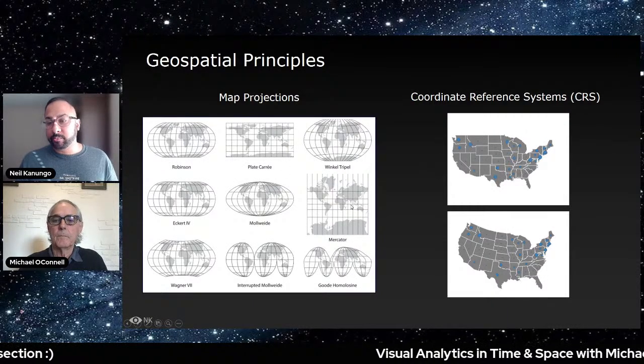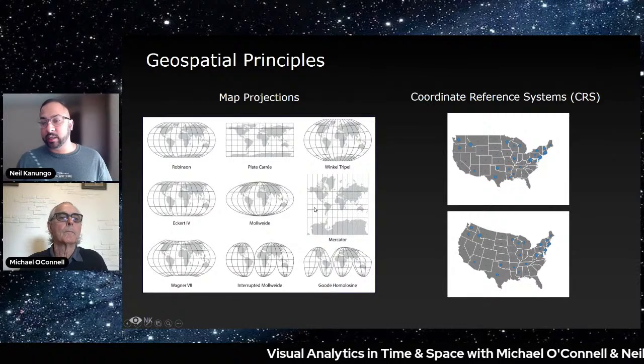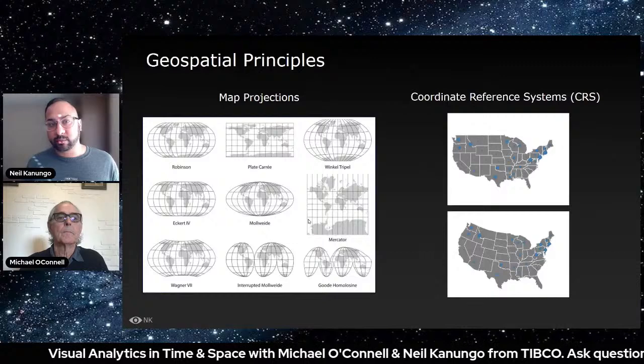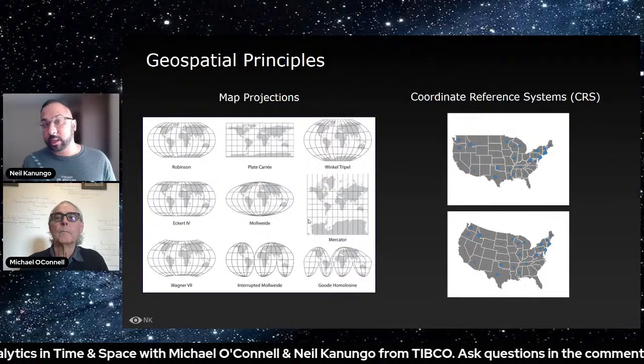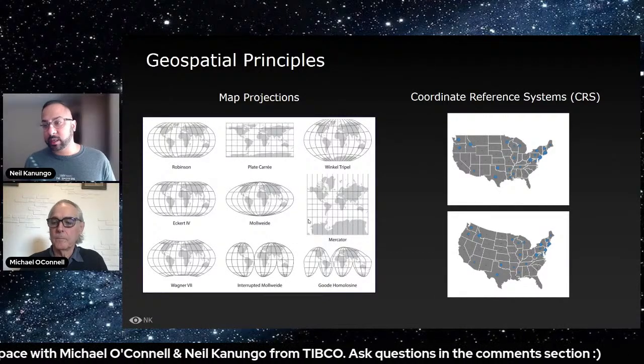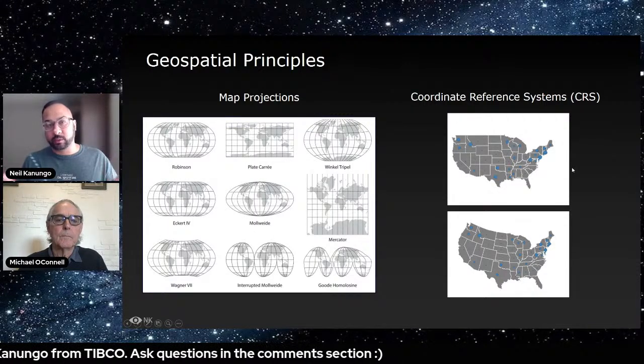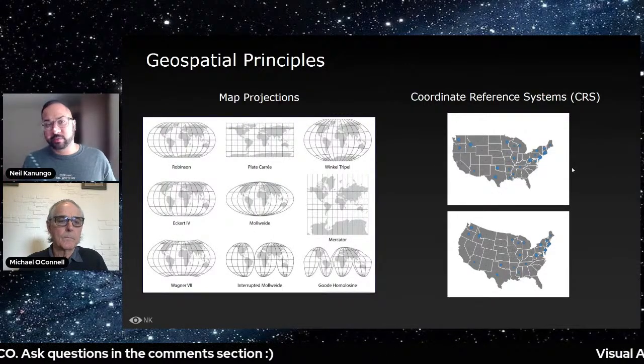So what you want is a good projection that suits the needs of your data and suits the needs of what you're trying to communicate. And you might use different coordinate reference systems there as well. These are the actual datums on which your points are represented on that surface.